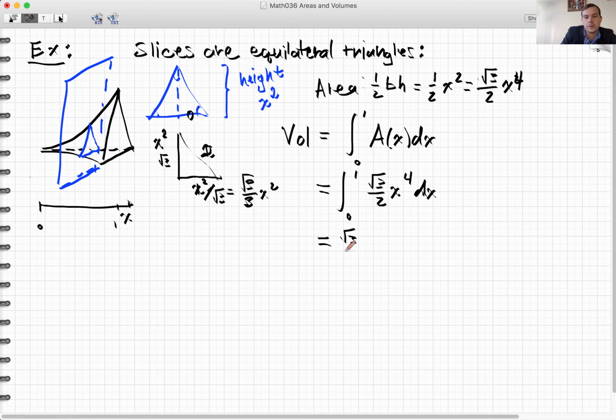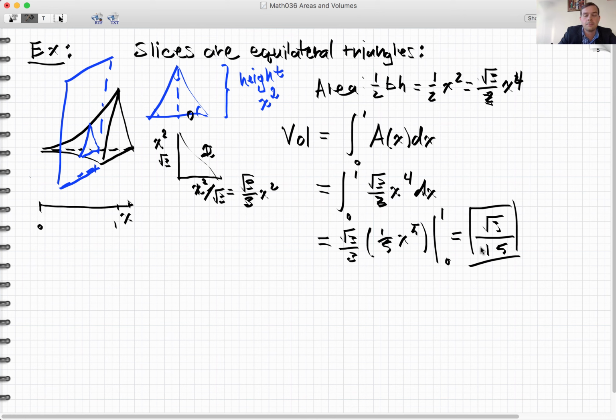So I have square root 3 over 3 times 1/5 x to the 5th power, evaluated from 0 to 1. Of course the lower limit is 0, it cancels out, and so I get a net contribution of 1/5. And so I have square root 3 over 15 as the total volume.